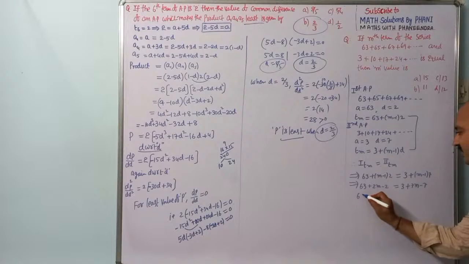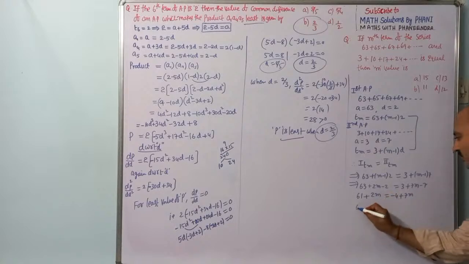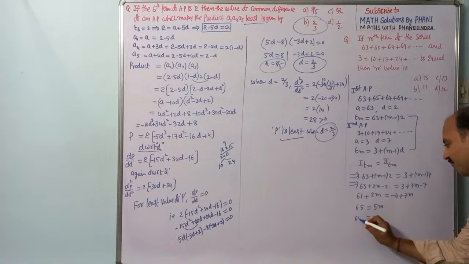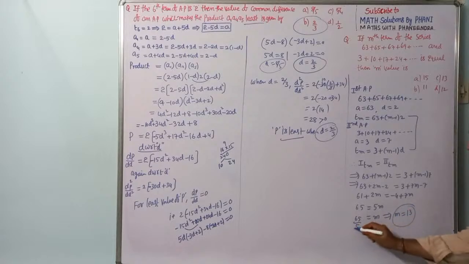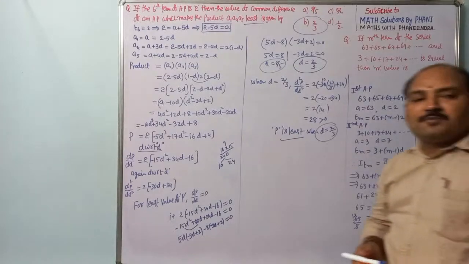So 61 plus 2m equal to minus 4 plus 7m. 65 equal to 5m, m is equal to 65 divided by 5. That implies m is equal to 13. 5 ones are 5, 5 13s. So m value is 13. It is there in the third option, dear students.